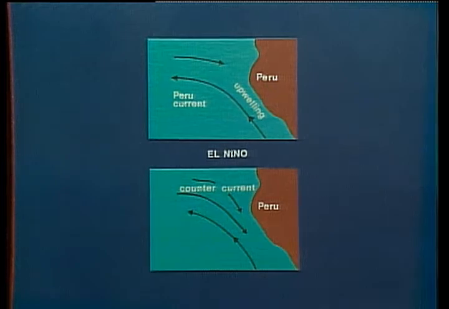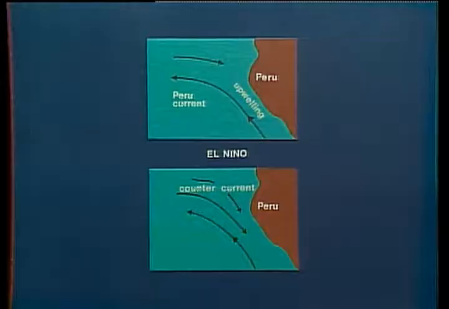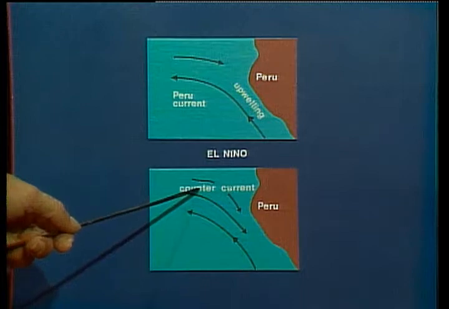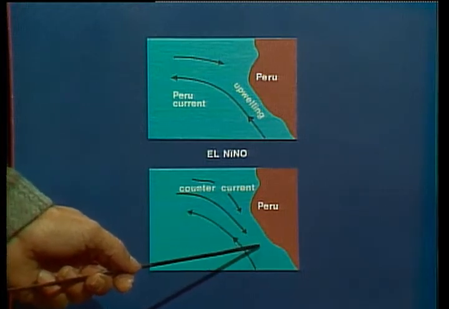However, every so often, approximately every 7 years, this whole system changes, and it changes very markedly. What is found is that the countercurrent, the equatorial countercurrent, will push right down the coast of Peru.